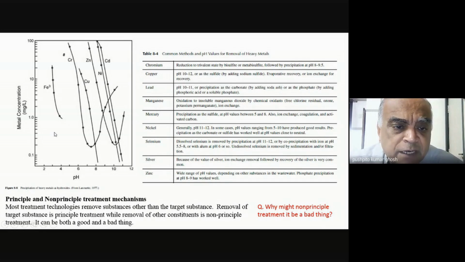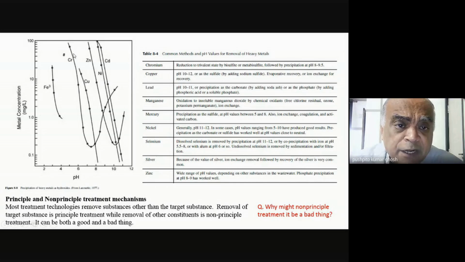Iron actually, even at pH 5, it will precipitate out, but these ones may require more alkaline conditions. So it should be possible to separate out iron very cleanly without taking these out, in which case it would have followed the principal treatment mechanism, where my focus was on removing iron, and I removed iron.